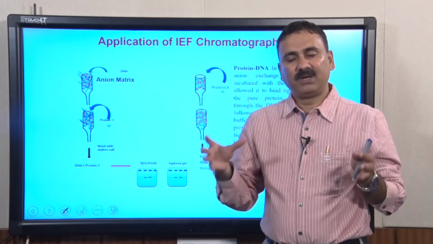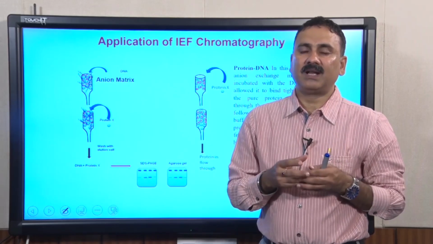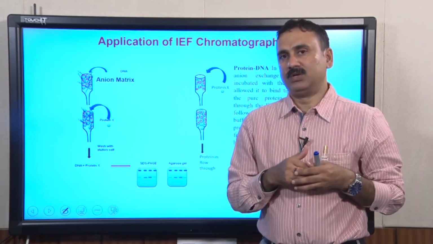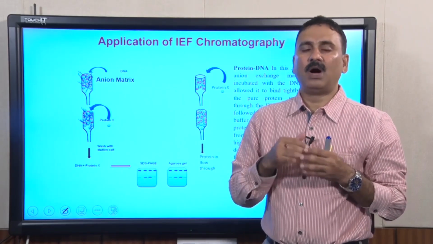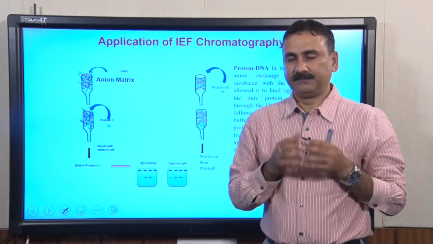If you have this type of criterion, you can study the interaction between these two biomolecules. So, let us take an example of how you can study the interaction between DNA and protein.